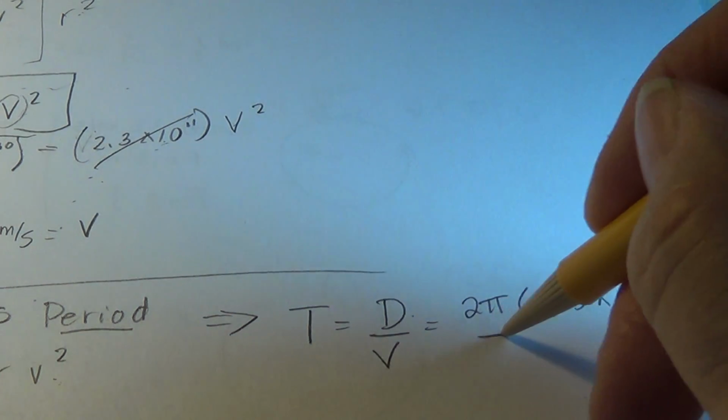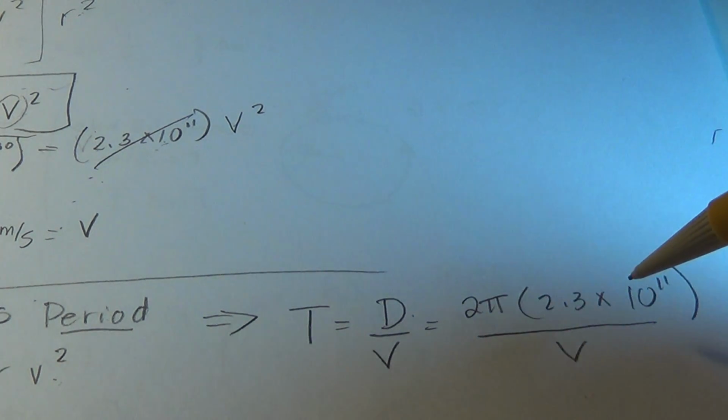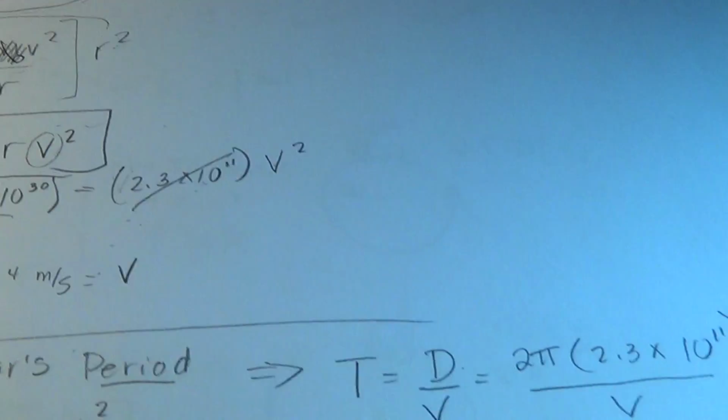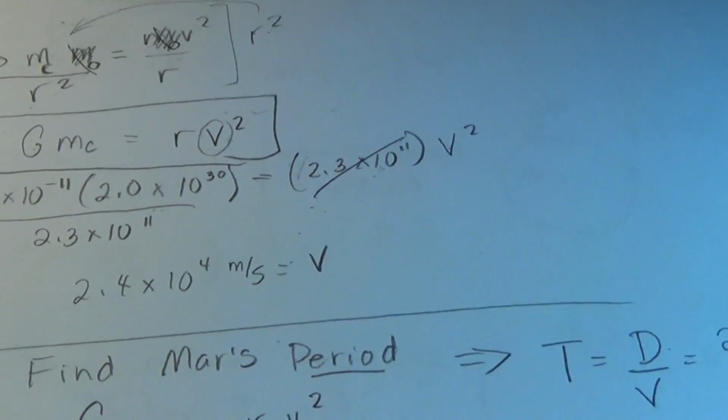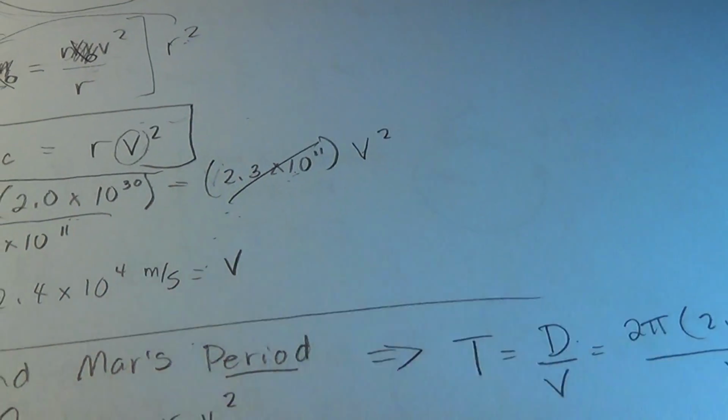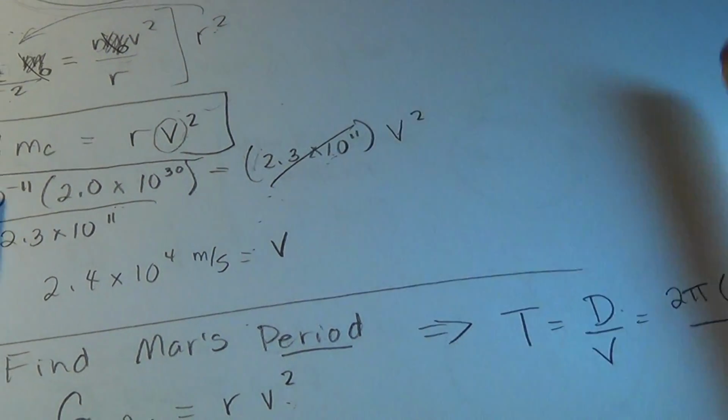And we will divide by the velocity. But the velocity was calculated in the problem before. Remember the question was how fast was Mars going? So we can go back there and grab that number, 2.4 times 10 to the 4th. All right, I'll be right back.